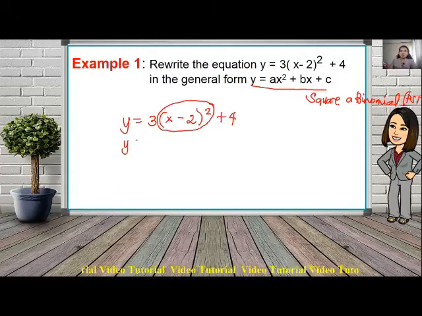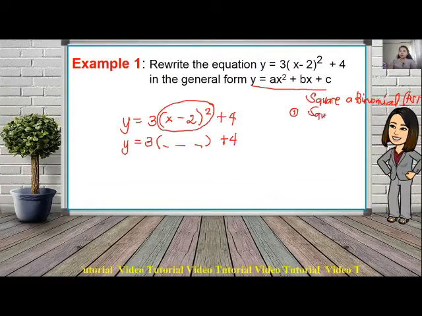So let us just copy first y equals 3, and then we all know that when we solve this square of binomial, we will have a perfect square trinomial. So we have 3 terms, and then copy plus 4. So for us to find those 3 terms, for the first term, we have to square the first term. So this is for 1.